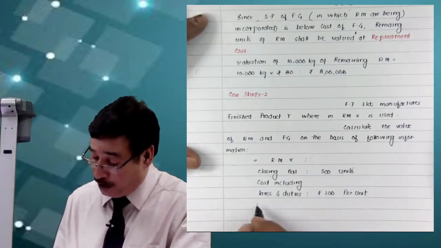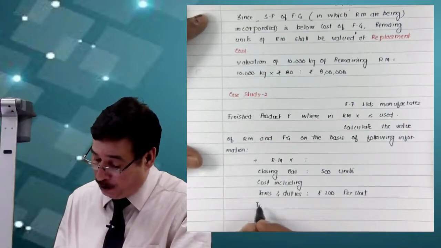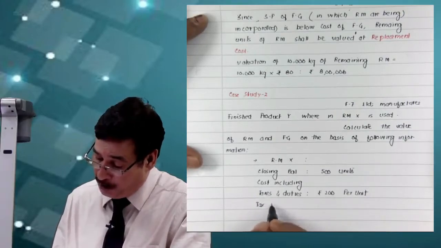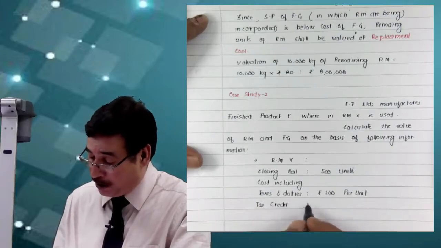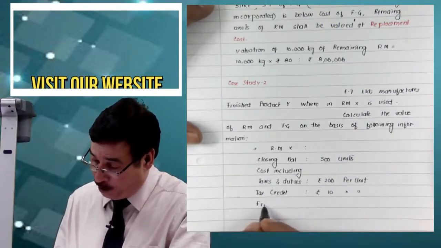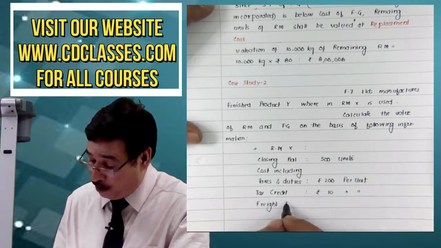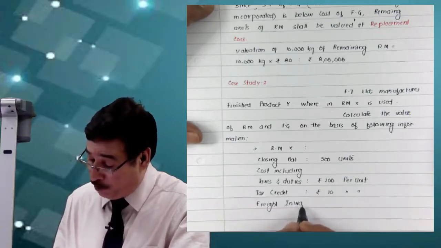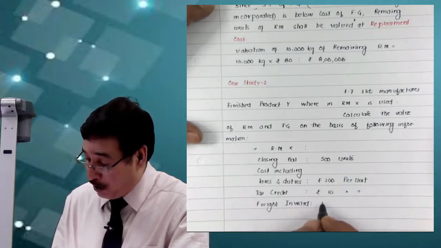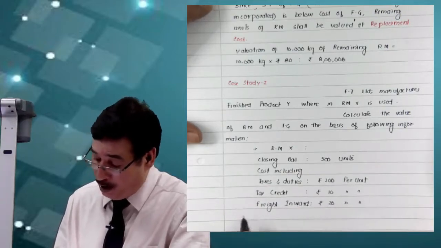Pay attention towards this. Then tax credit. You have got some tax credit. So tax credit will be subtracted. Freight inward. Now freight inward, say, is rupees 20 per unit.